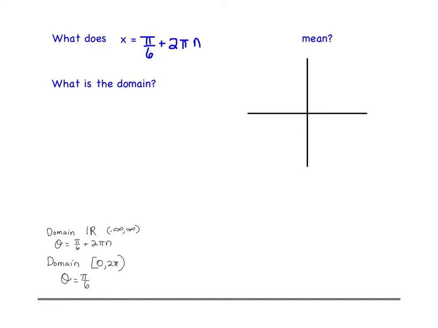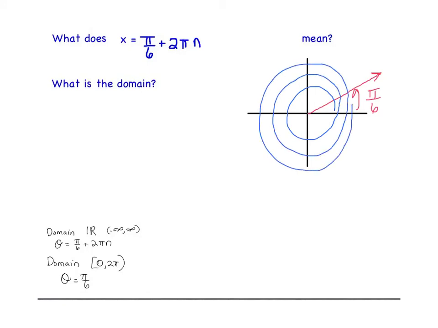Okay, so one more time, whenever you write pi over 6 plus 2 pi n, what this means is that the original angle, pi over 6, which is in the first quadrant, is an angle. If I have pi over 6 plus 2 pi n, then I would have pi over 6, and then pi over 6 plus 2 pi, plus 2 pi, and I can also go backwards, minus 2 pi, minus 2 pi.